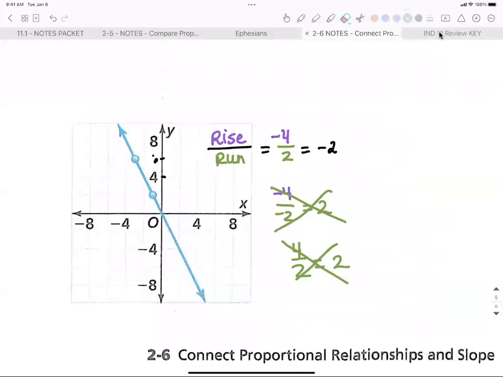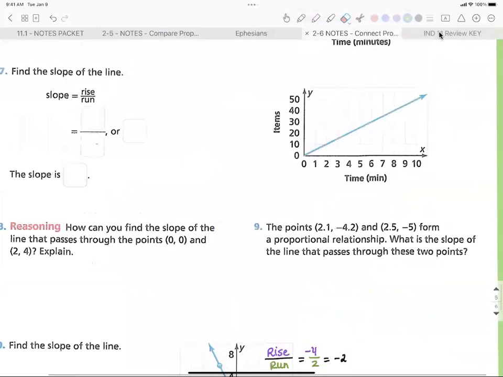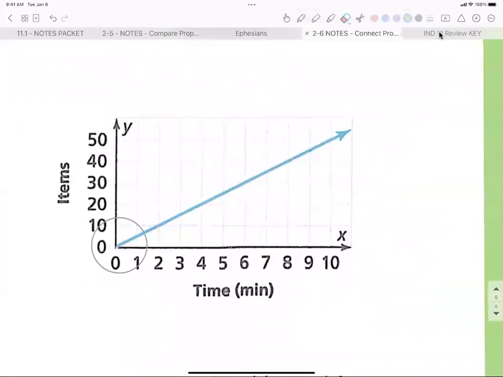So you start on this side and read it left to right, and going left to right, we go downhill. If this was a positive line, it would look like this, because when you read it left to right, you go up. This will always render a positive slope. This will always render a negative slope.